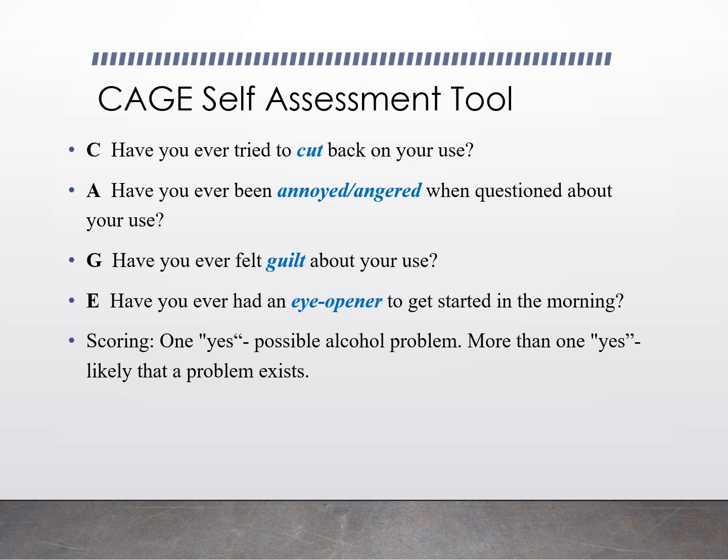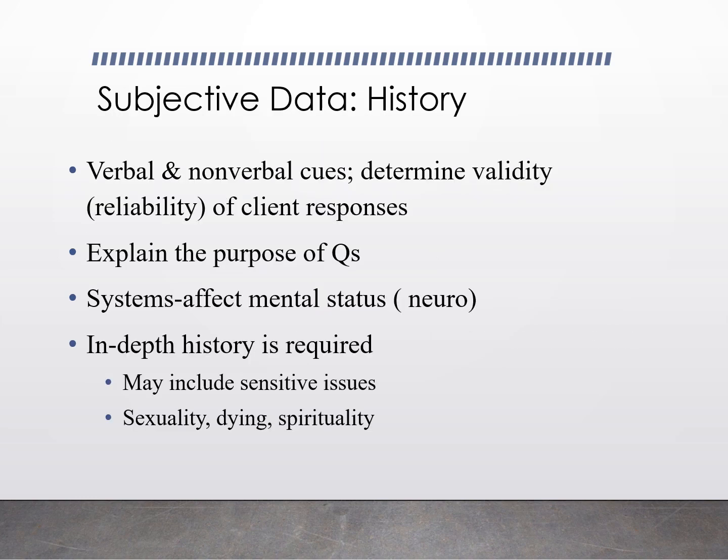And even if you're not asking somebody directly these questions, but they are giving these answers in their conversation, you might be concerned that this is something that is maybe even more than what they are saying. So it's just a guide to help you to understand. But the CAGE self-assessment tool is for the patient. So it is definitely a conversation, hopefully, that you will be able to view and practice as we try to provide the best care for our patient.